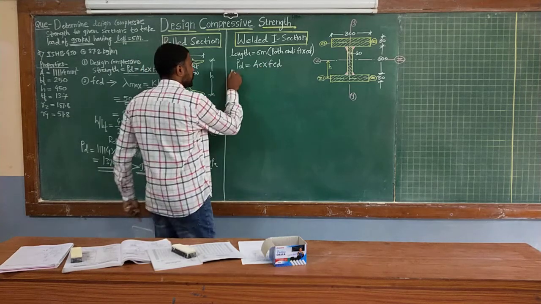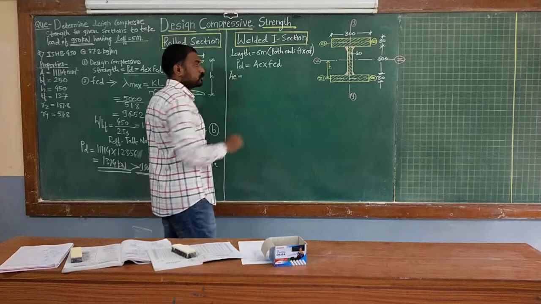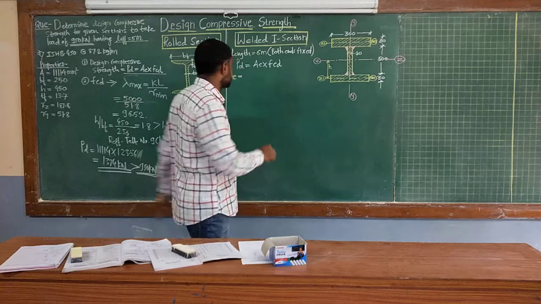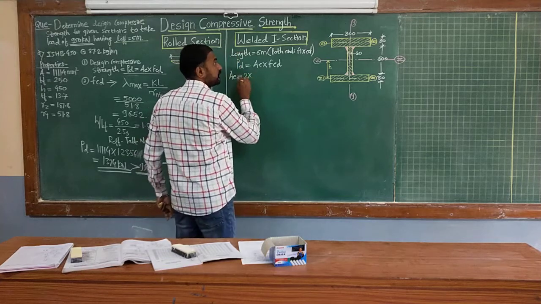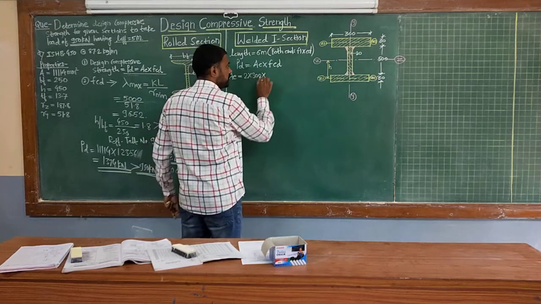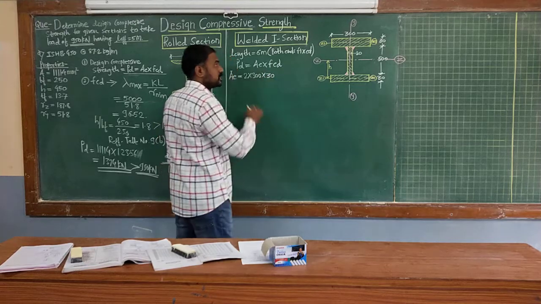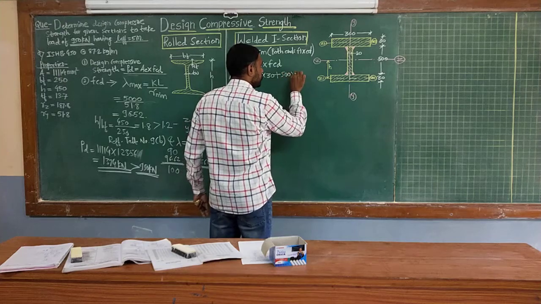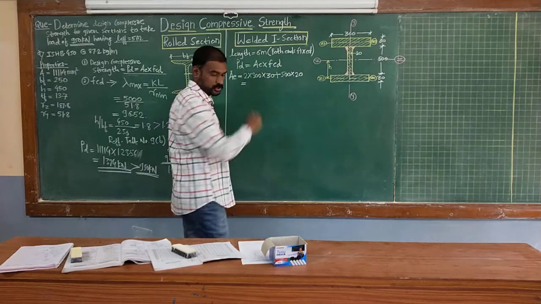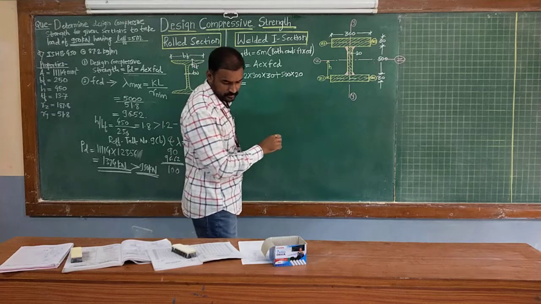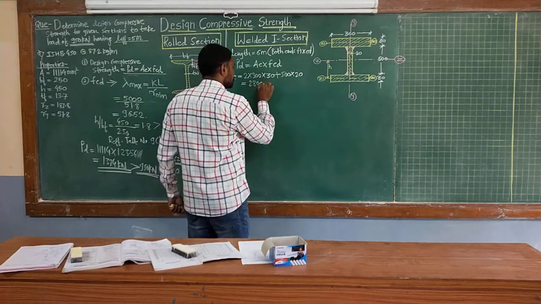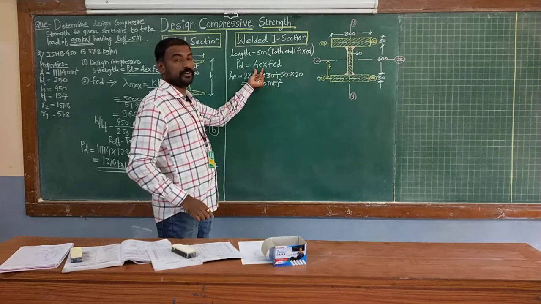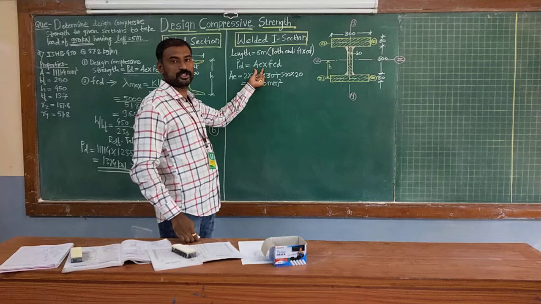Area effective equals 2 multiplied by 300 into 30, as two flanges are there, plus the vertical web portion, 500 by 20. The area is 28,000 mm square, correct?